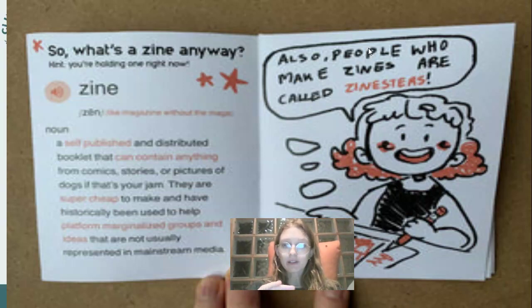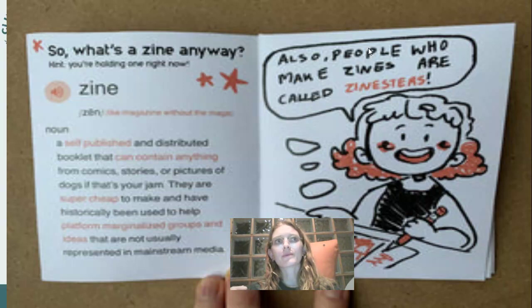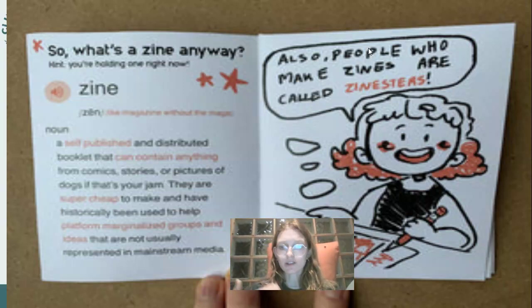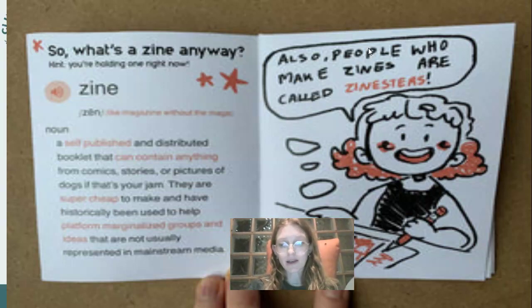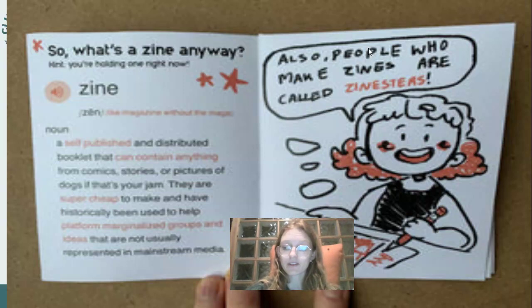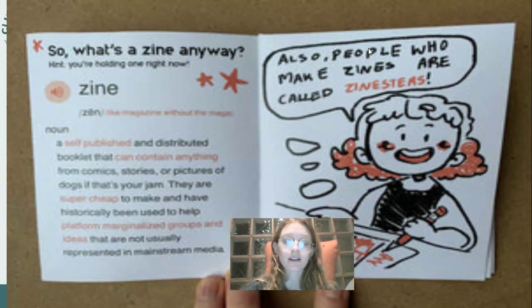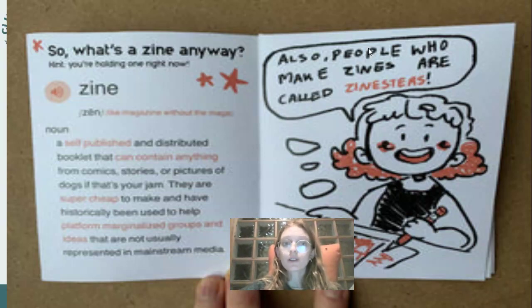They're just folded up pieces of paper, which then form a fold out tiny little magazine that you can have different pieces on them, and they're used a lot with different activists and change makers because they're quite cheap to make. Lots of people can contribute to them, and then they can be distributed quite cheaply and easily to distribute different ideas and art and things. So yeah, you can make a zine with them.